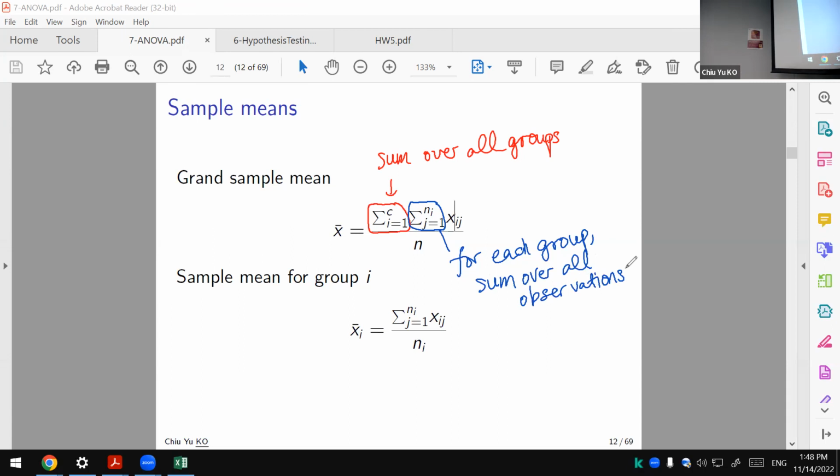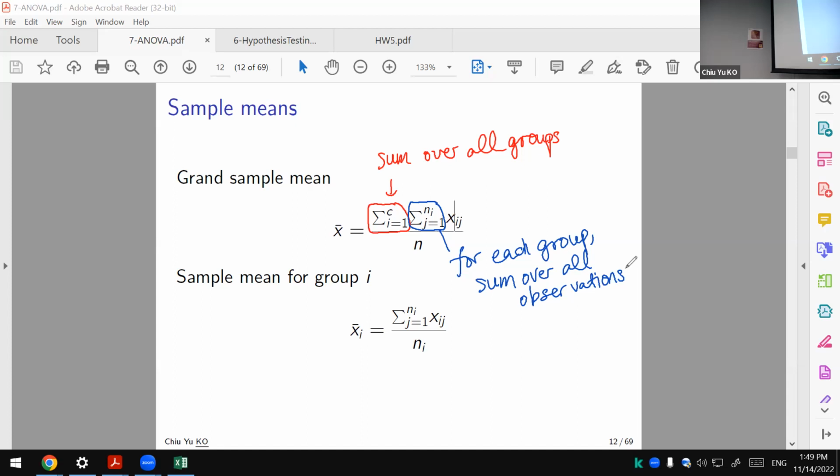So basically you just add all the observations over n. You discard the grouping information and calculate the average. That's it. Is that clear? You disregard any grouping, just average. Is this one okay?